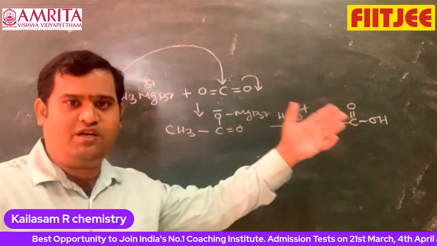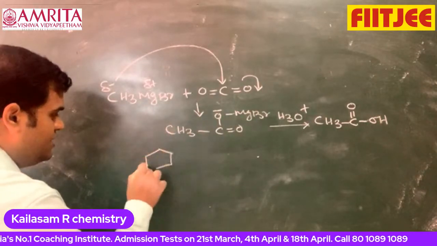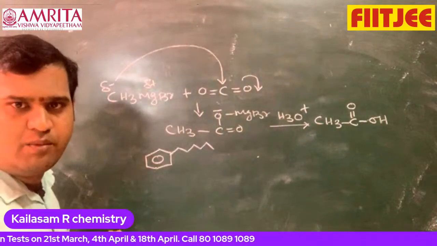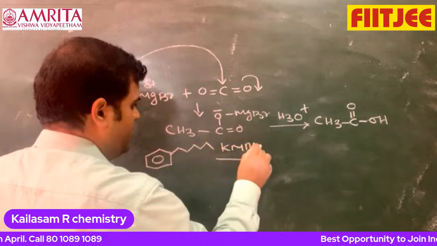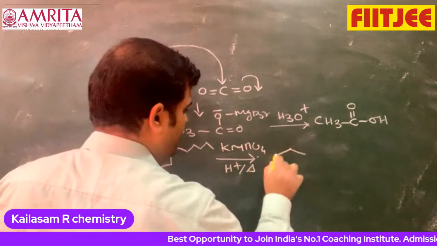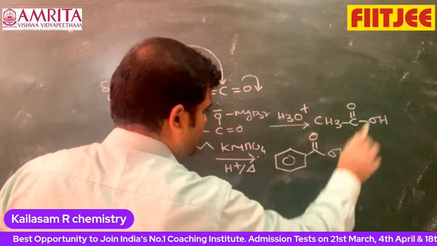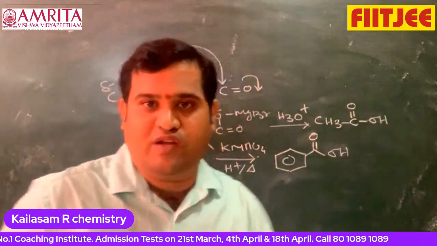It's a very important method of preparation. Then if I take benzene or any long chain hydrocarbon in the presence of KMnO4, acidic medium, heating must, I end up with carboxylic acid. The iodoform reaction is also an example of preparation of carboxylic acid.